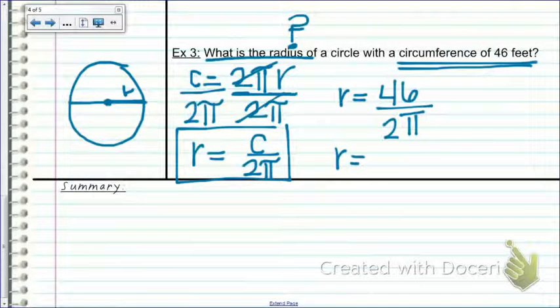You can use a calculator. I can do 46 divided by 2, which is 23. So that reduces to 23 divided by pi, which is approximately, does anybody have a calculator? 23 divided by 3.14.